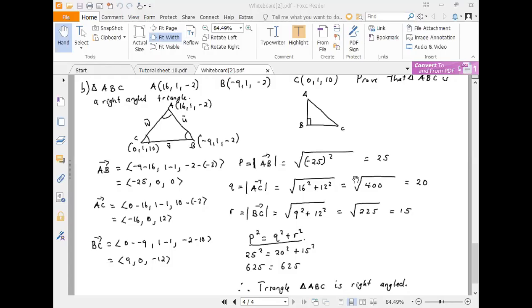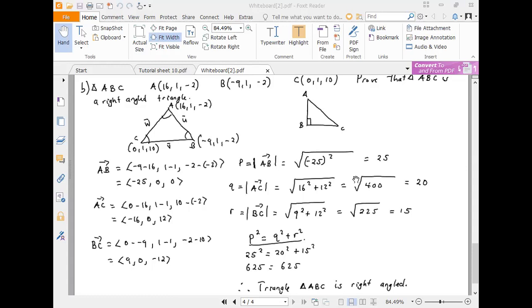So we got this as a triangle. Now the next question is saying, find its perimeter, area, and the size of its internal angles.